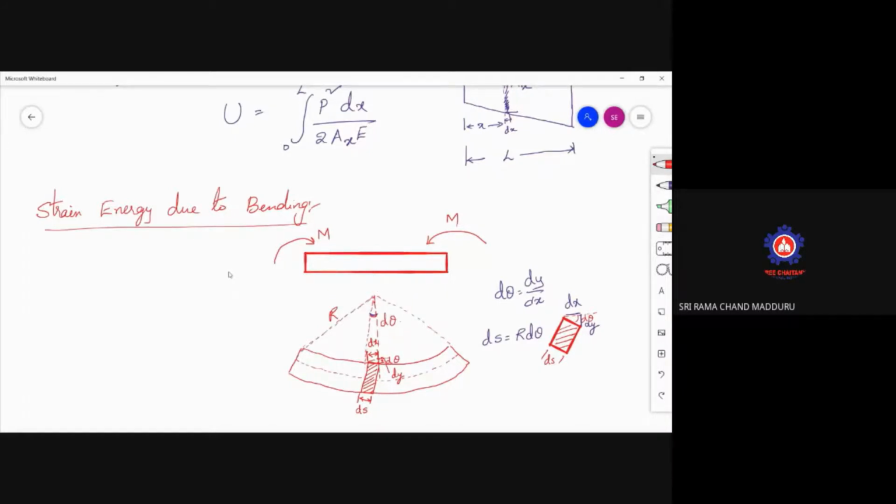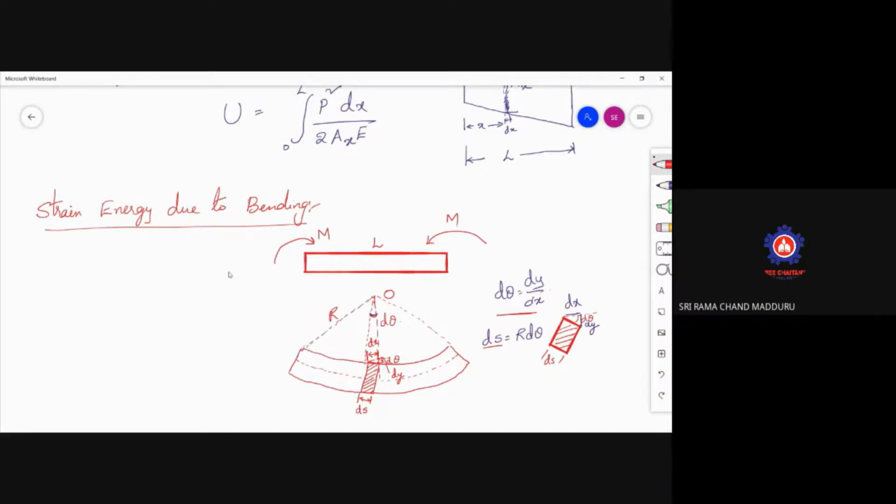A small element ds is considered, making an angle d theta with respect to horizontal, and the small element's arc length ds is nothing but radius multiplied with the angle, so you get r into d theta.